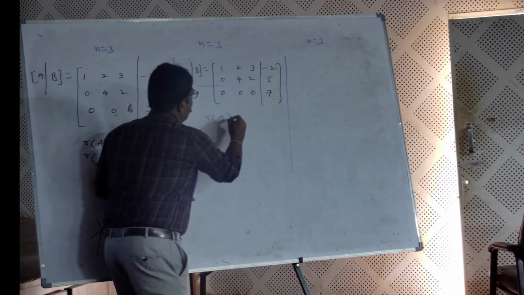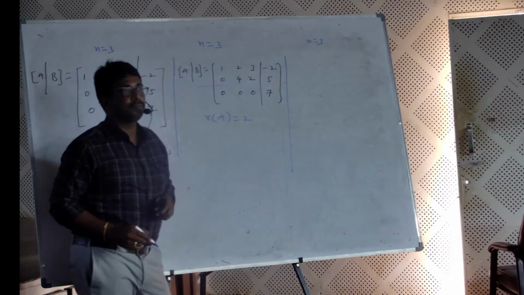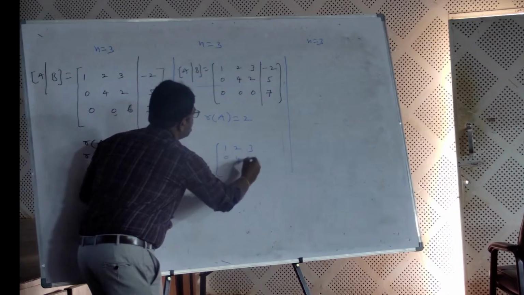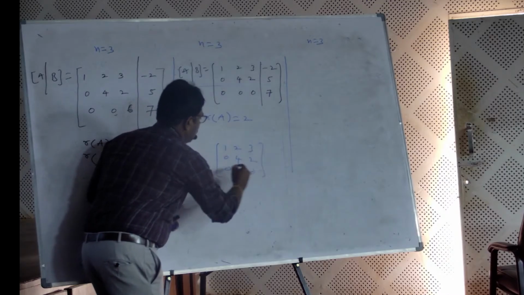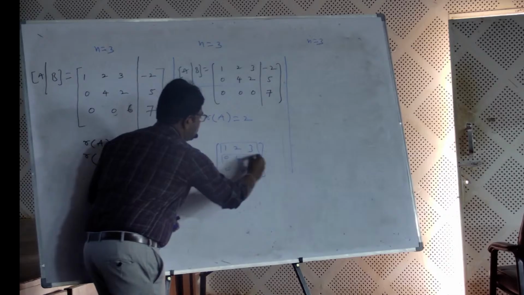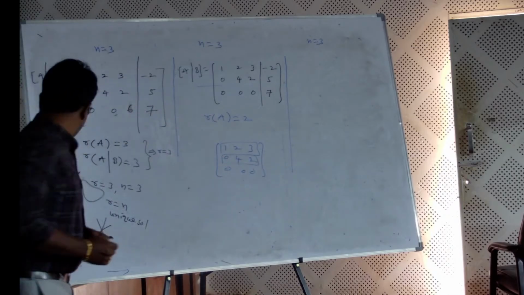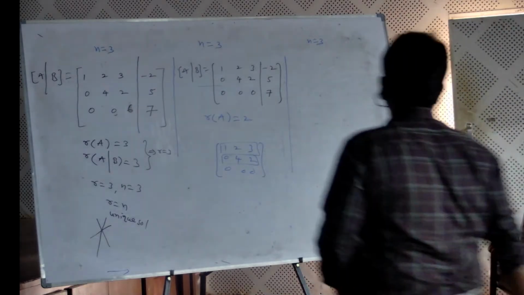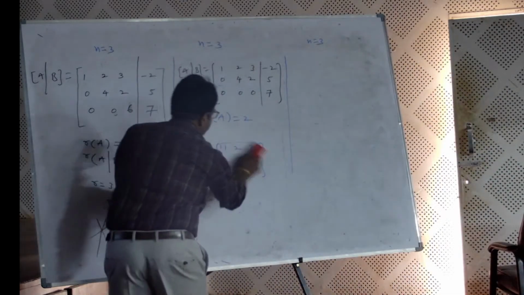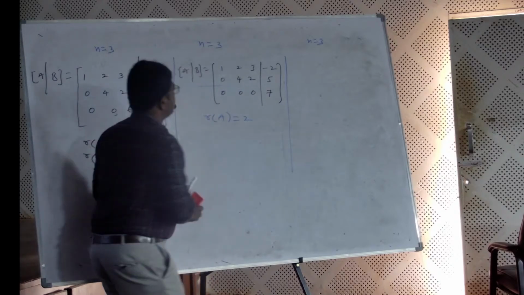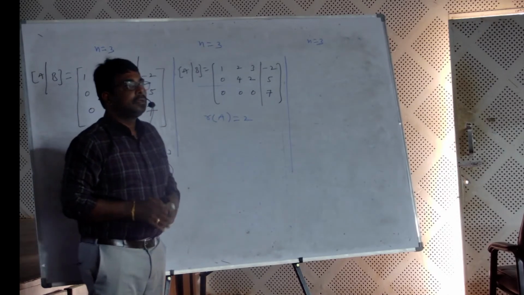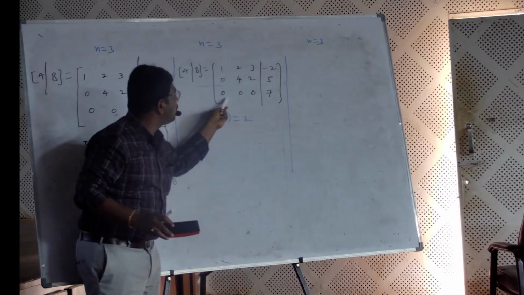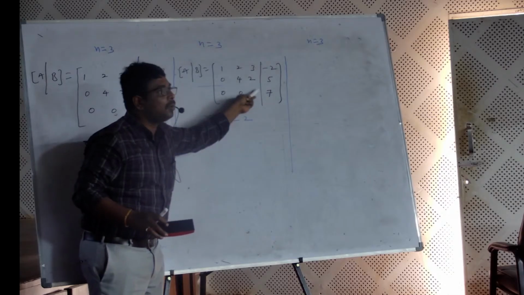What is the rank of A? Here it is 1 2 3, 0 4 2, 0 0 0. These two are non-zero rows. That is why rank is 2. What is the rank of A? 2. In the A matrix, what is the last row? 0. What is the last row?